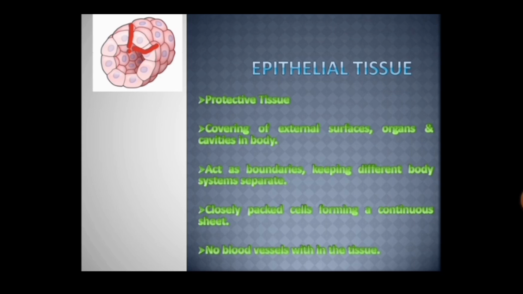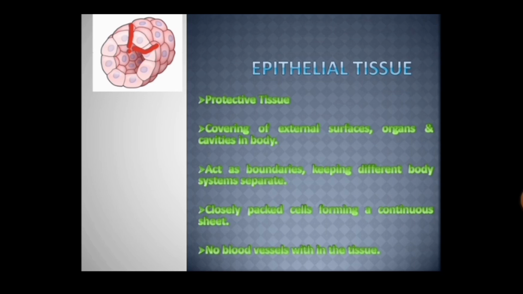easily. So that is why it is very important that epithelial tissue acts as a boundary, and in order to be a good boundary, they should be closely packed with very little intercellular space, so that there is very little intercellular material, right?